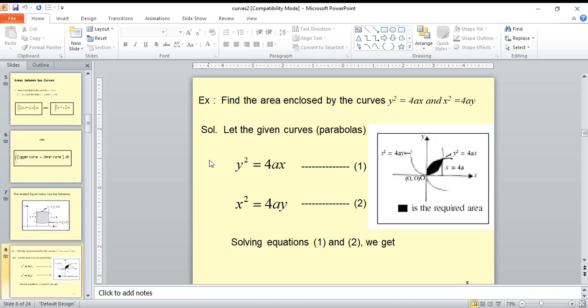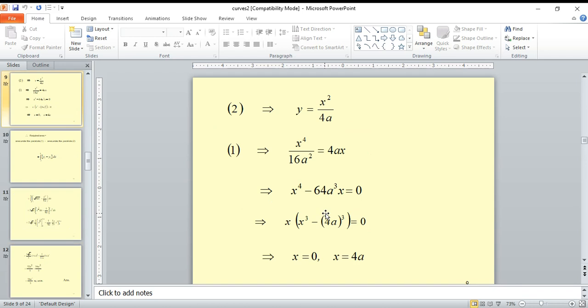So y equal to plus or minus 4a, or in this process we get x equal to y equal to x square by 4a.